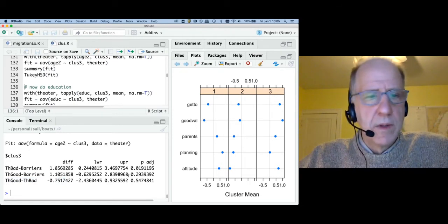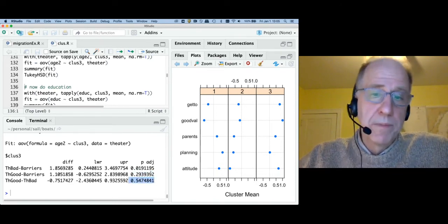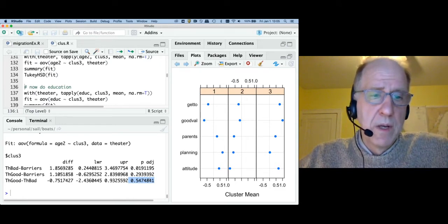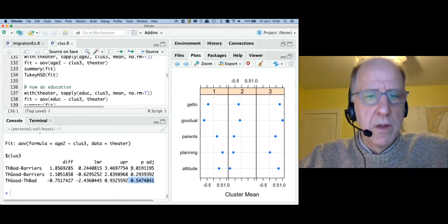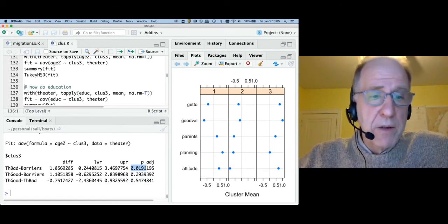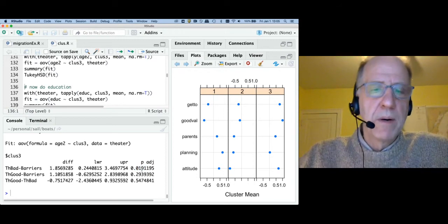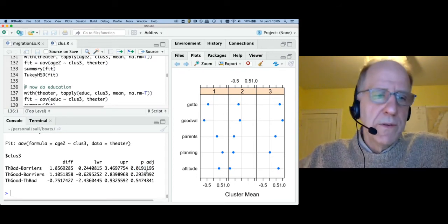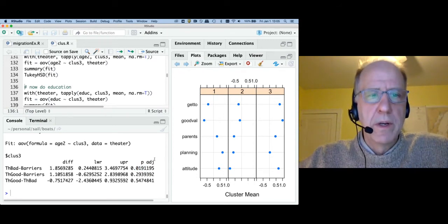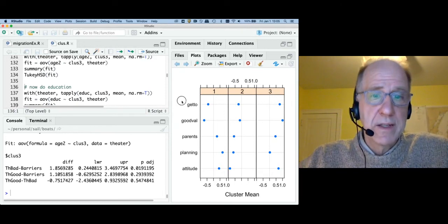But the differences between the theater good group and the barrier group, as well as the bad group, are not significant. So if I want to test them, the only difference that is significant is that the bad group is older than the barrier group with a p-value of about 0.02. So the differences I'm seeing on age are not that exciting.